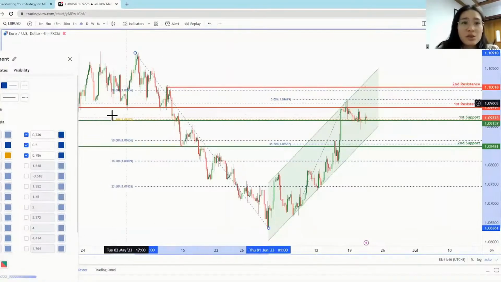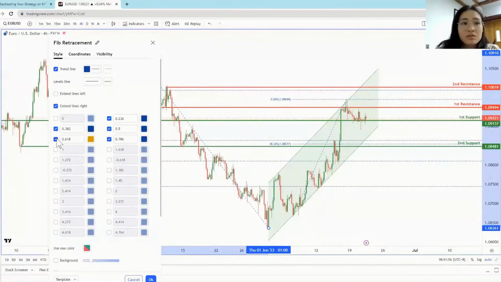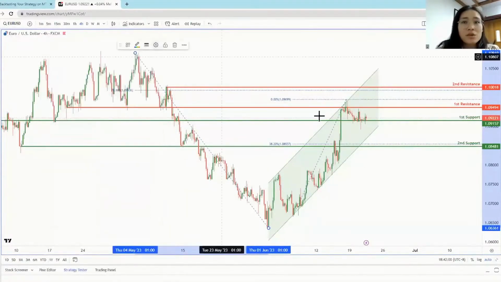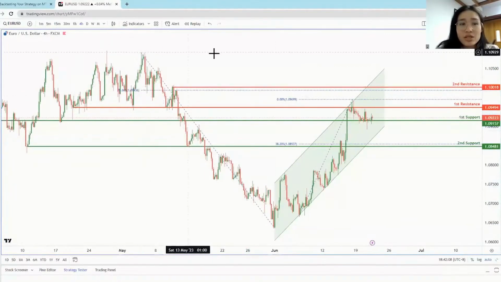Now, even though the 61.8 lines up nicely with my first support, because price has already broken this level, we can no longer use it. Whereas in this case, price has yet to retrace back to the second resistance at the 78.6 level.